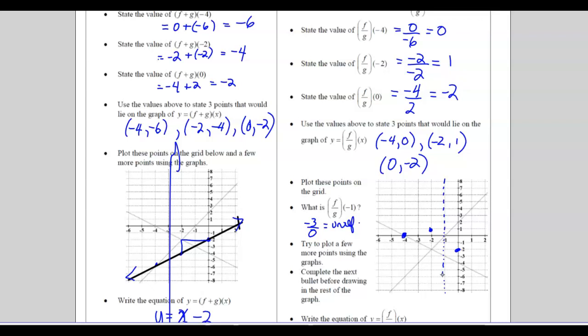Try to plot a few more points using the graphs. So we need a little bit over here, right? So let's say at 1, we have f is what? -5 divided by 4 is -1.25, so kind of about there. If we said, okay, at x equals -0.5, then our f is -3.5 divided by 1 is -3.5, so that stays about there.